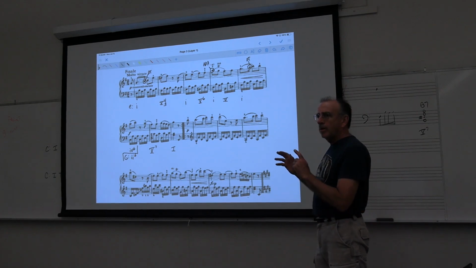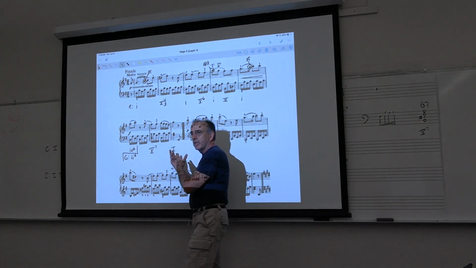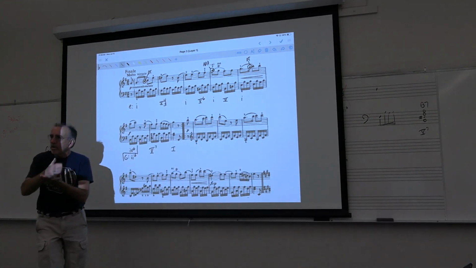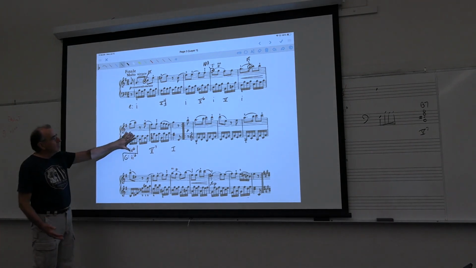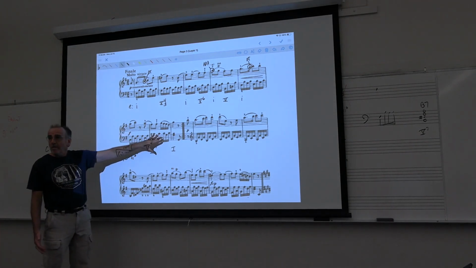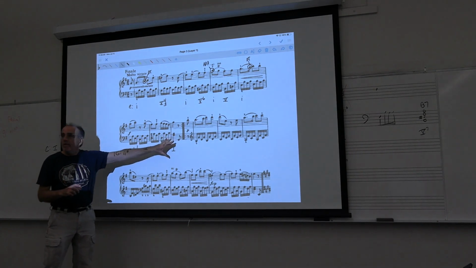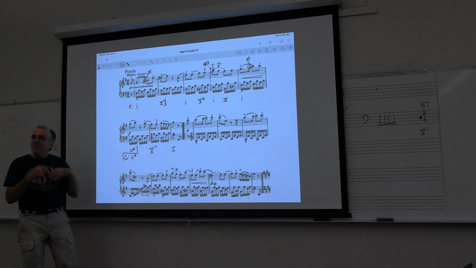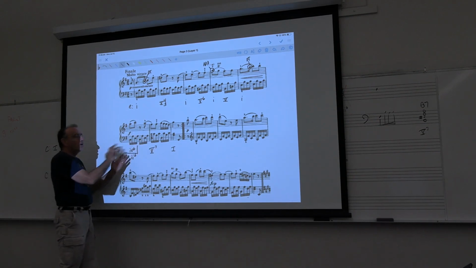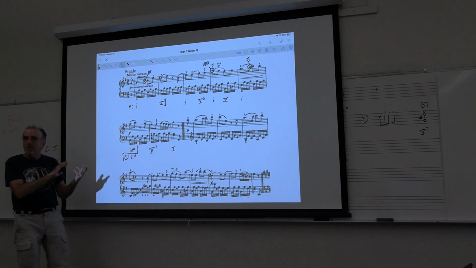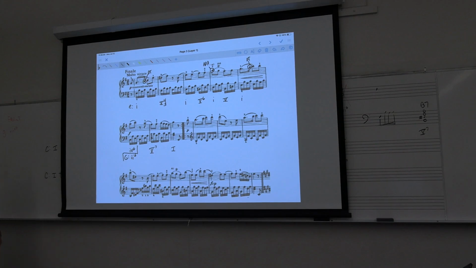What I'm trying to point out is you do need to look ahead a bit. If you just analyze chord by chord, you're likely to say, well, I'm in E minor, this is 4, this is 7, this is 3, and it doesn't make as much sense as if you say, I know I'm modulating, so where can I find the pivot chord, the common chord? How can I interpret that so that it makes sense in terms of a modulation?